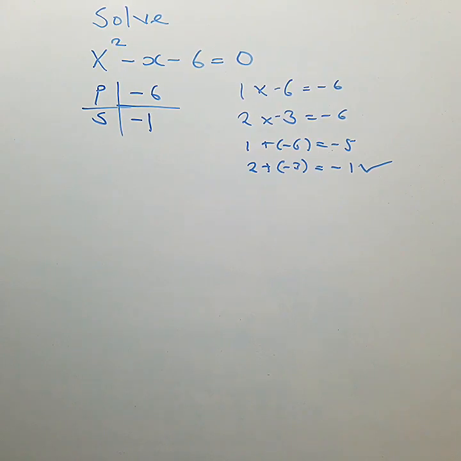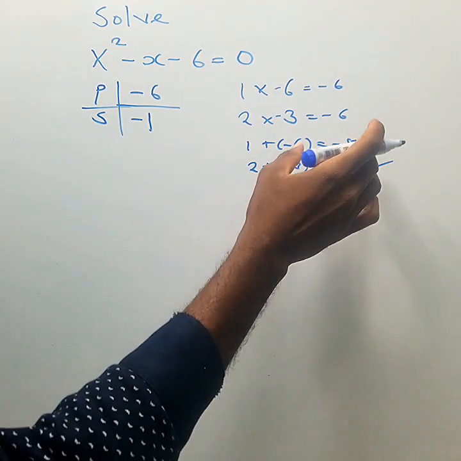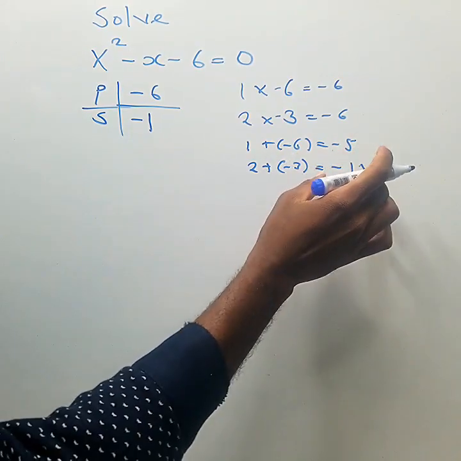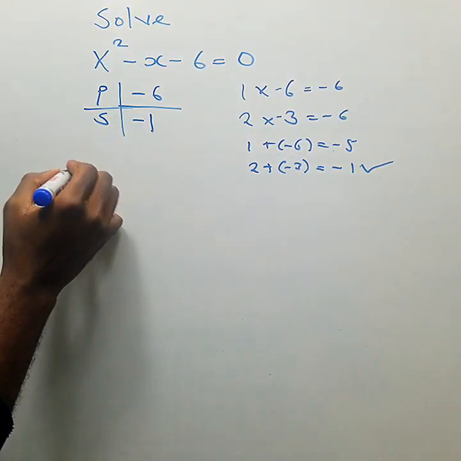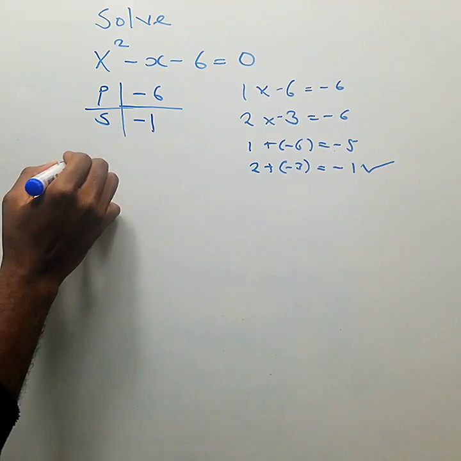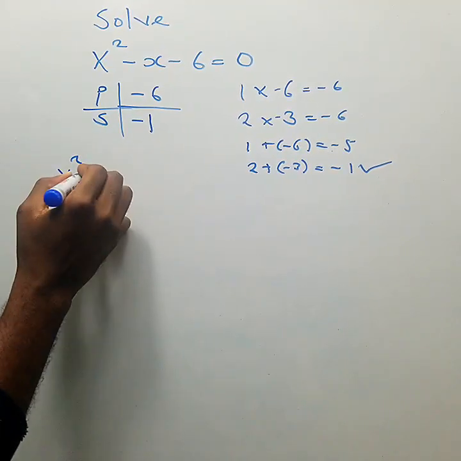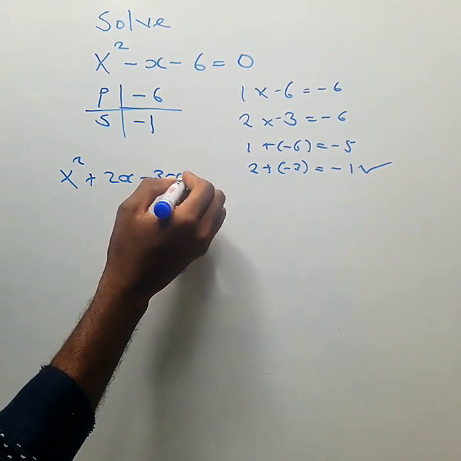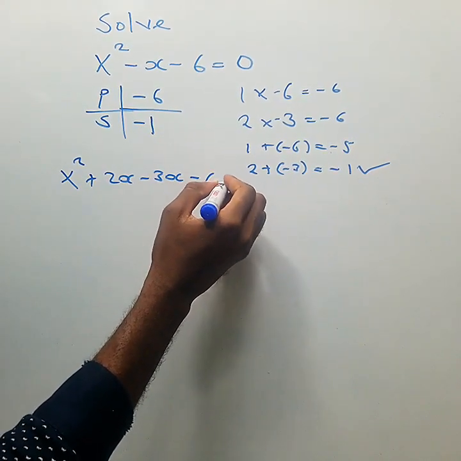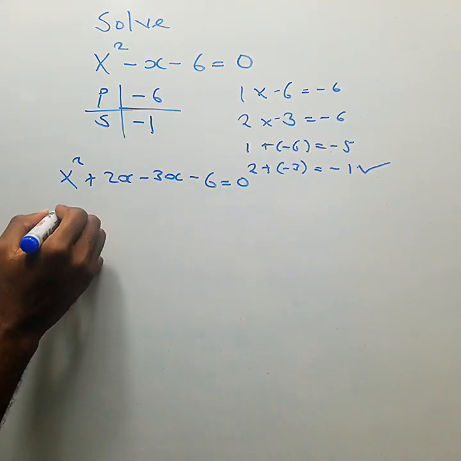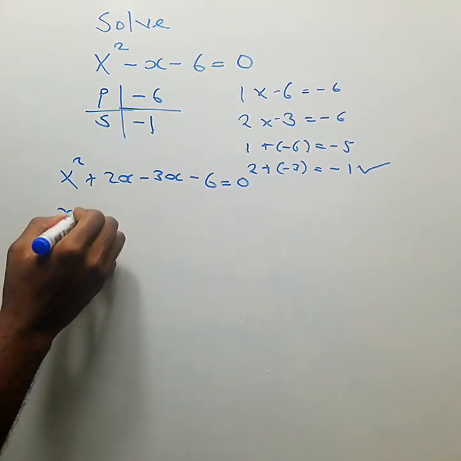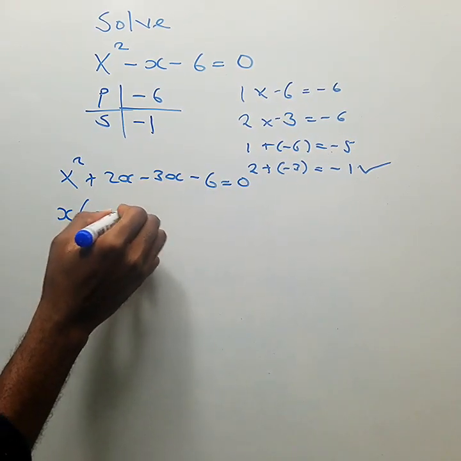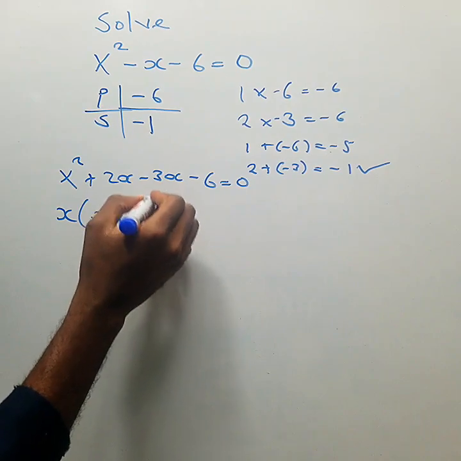So if we multiply them, they're giving us a -6. Then if we add them, they're giving us a -1. So that means it's x squared plus 2x minus 3x minus 6 is equal to 0. We factorize x, then x plus 2, then what's common?